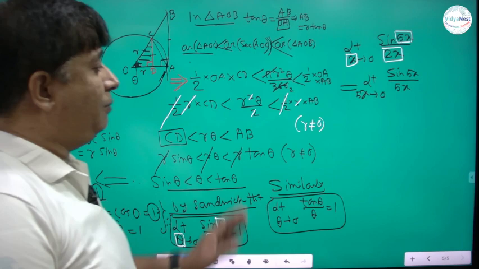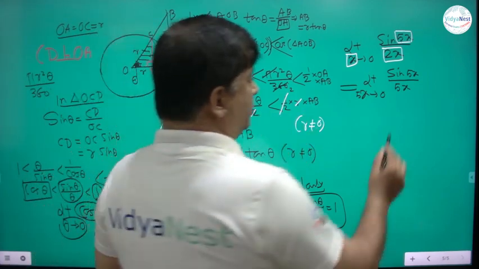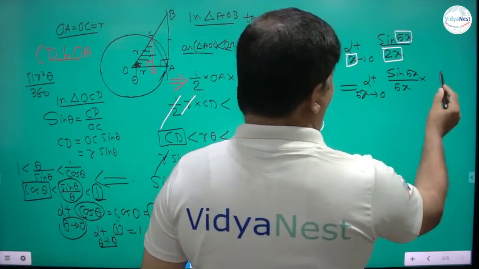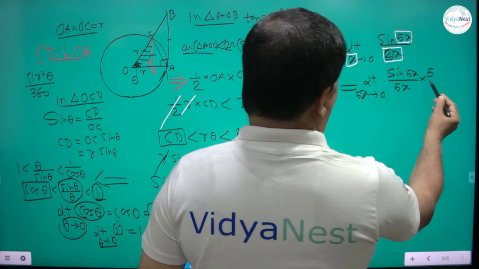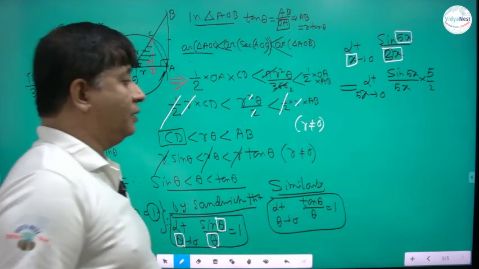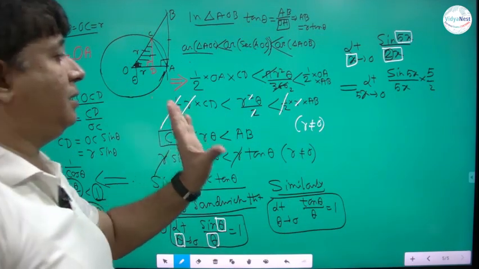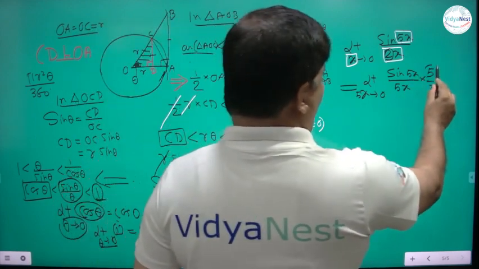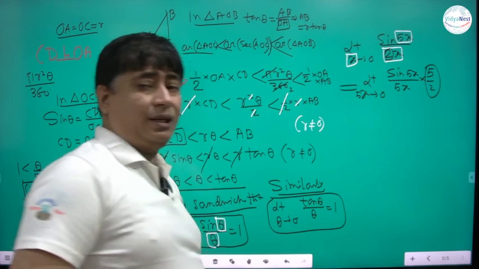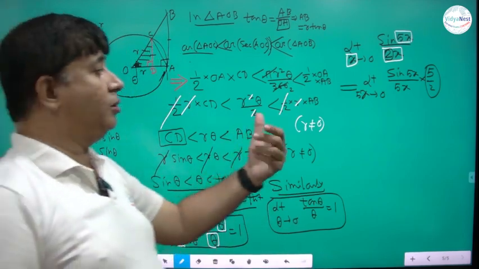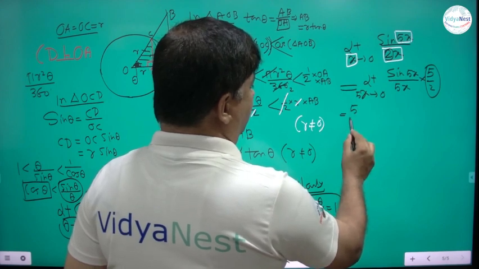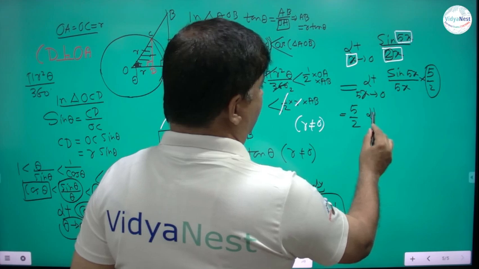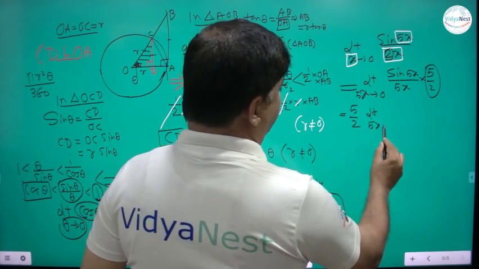But that 5 we did not have, we have to introduce it. So to balance, you write numerator by 5, and actually we had 2 in the denominator. Now, in this limit, 5 by 2 has no role. It will be treated as a constant. So you take it out of the limit. 5 by 2 will be brought out of the limit and what will be left for you?